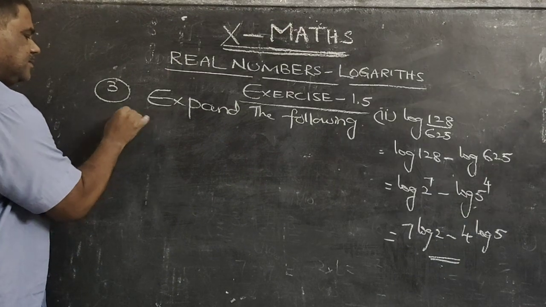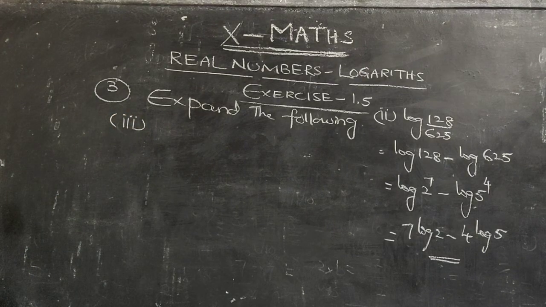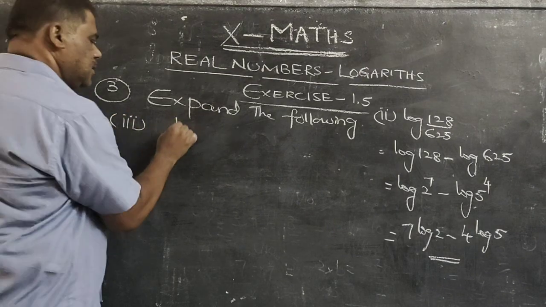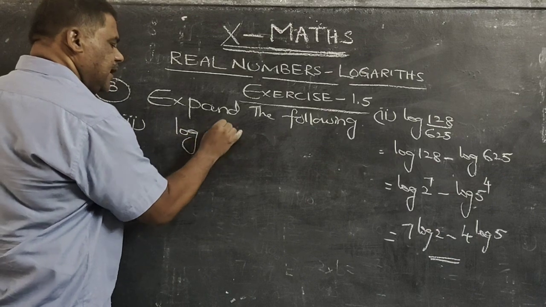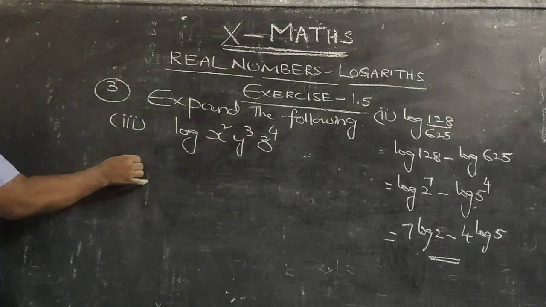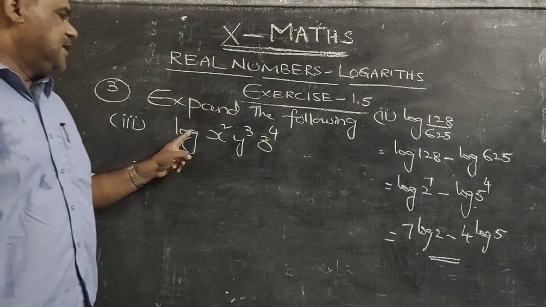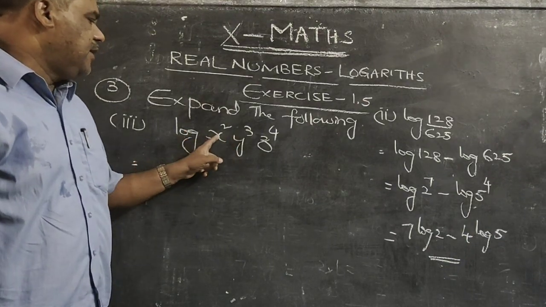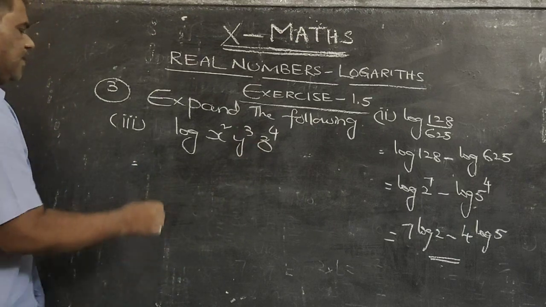Third one, log x square y cube z to the power 4. Now first, all intos are there, log a into b into c. So it will become plus.